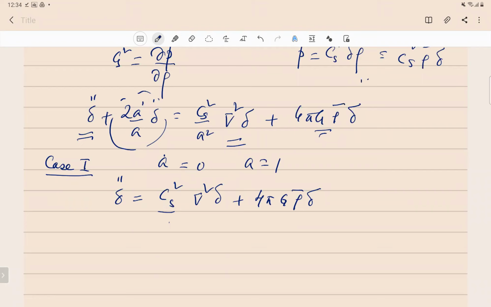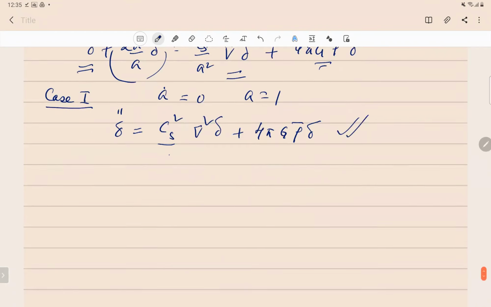This is what is studied under what is known as Jeans instability. There are two things at play: gravity, which is trying to make the fluid collapse, so the deltas will try to grow under gravitational instability, whereas pressure is trying to oppose that and annul the effect of gravity.